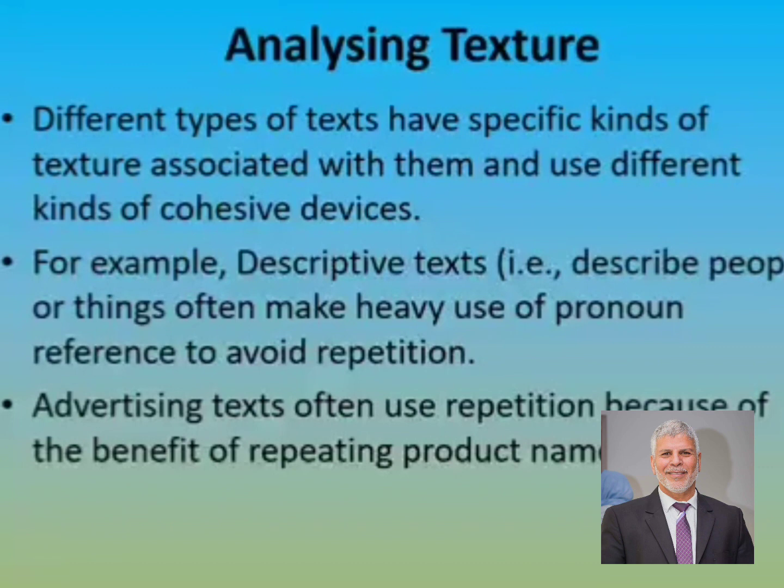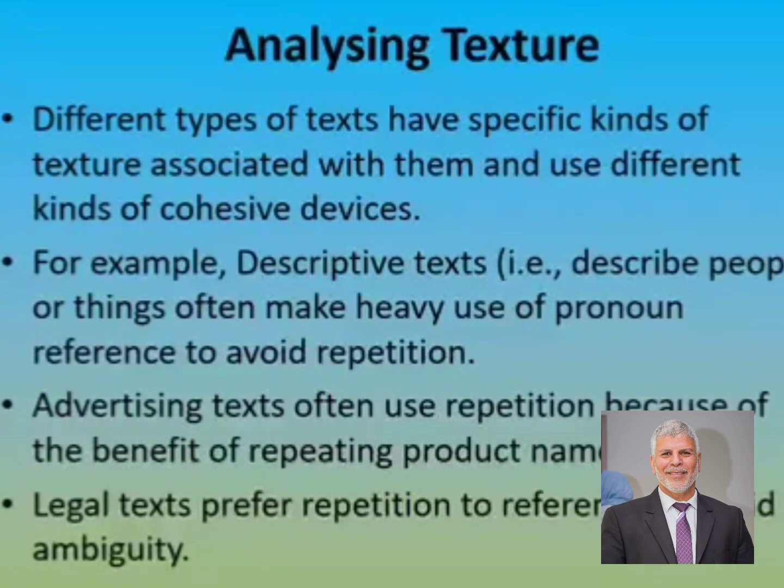We repeat the name of the product that we are advertising, because that will give the product a value, and also it will promote the product and keep the product itself in the mind of the reader. So that is why we repeat names of products in advertisement texts.